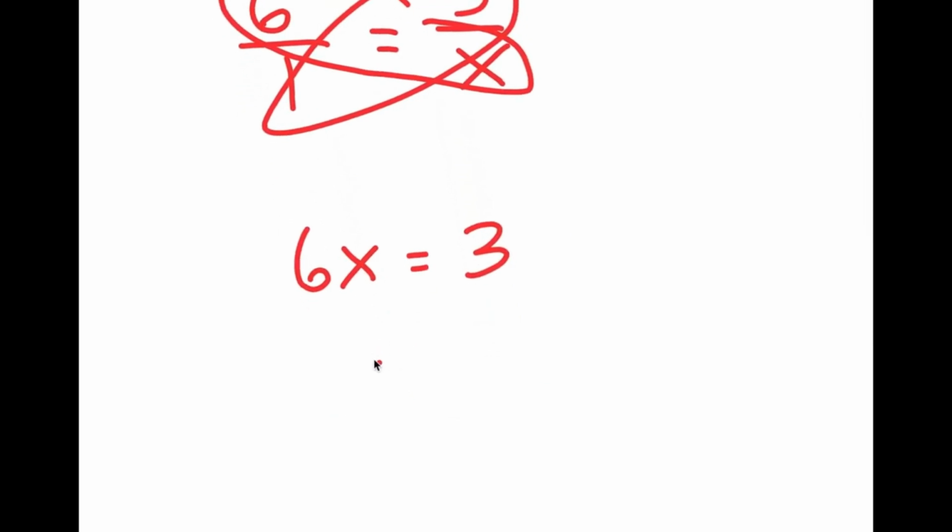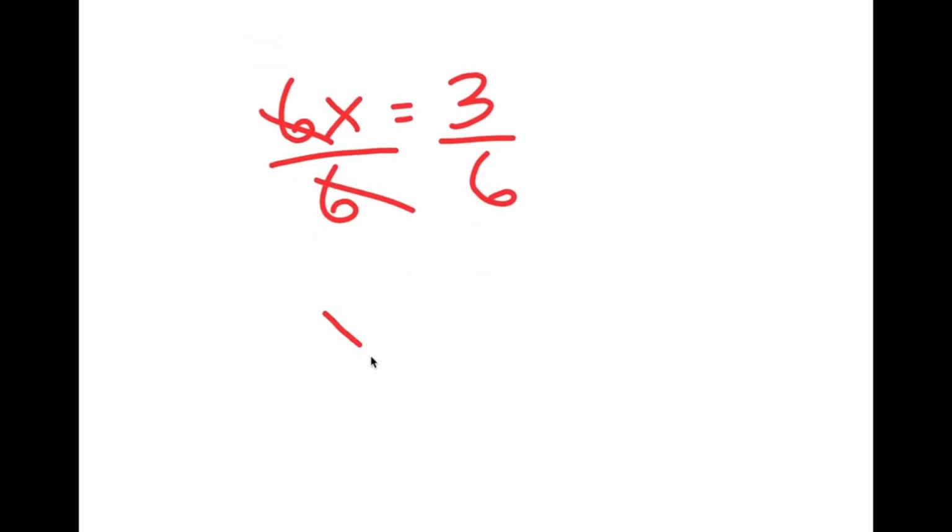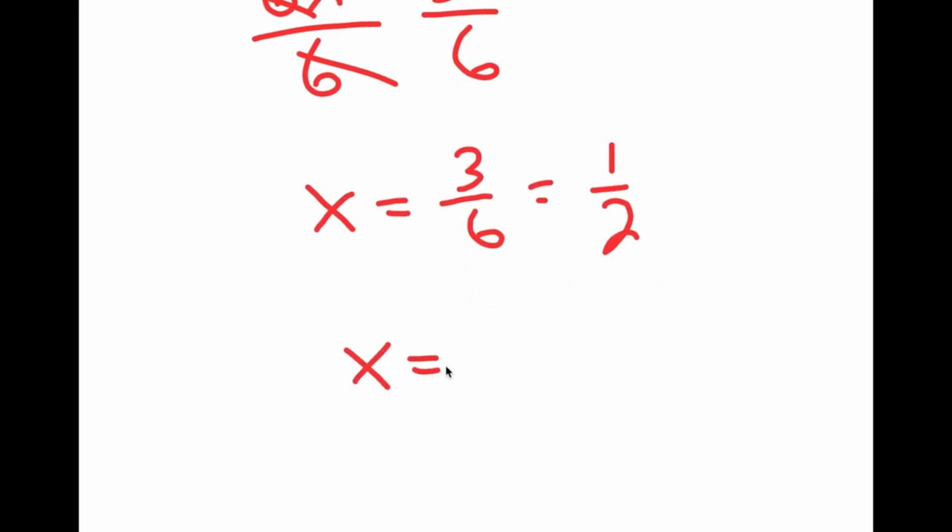And now if I divide both sides by 6, these two cancel out, and I get x is equal to 3 over 6, which simplifies to 1/2. So I get x is equal to 1/2.